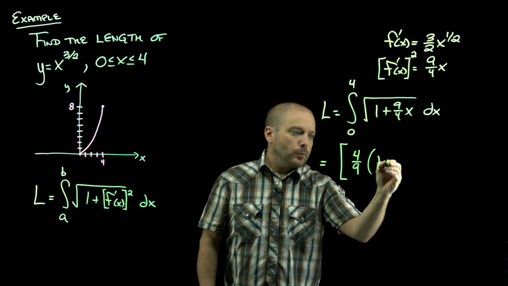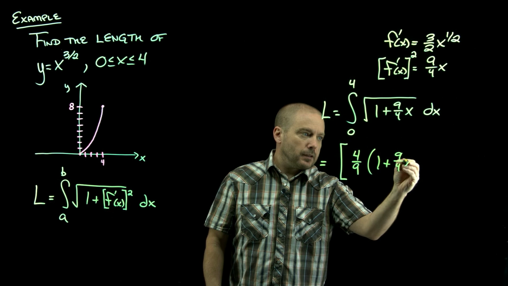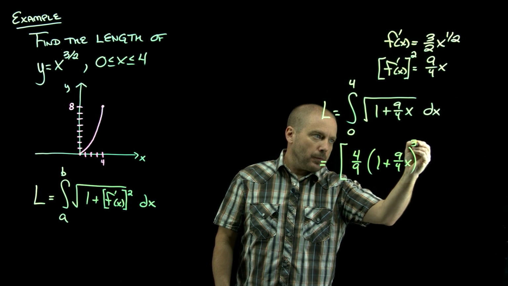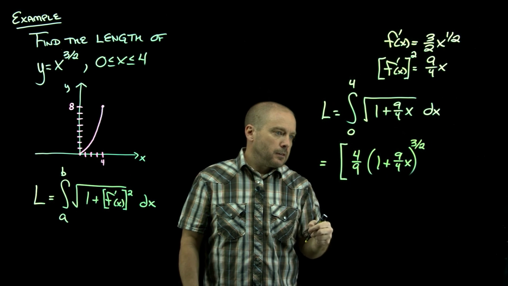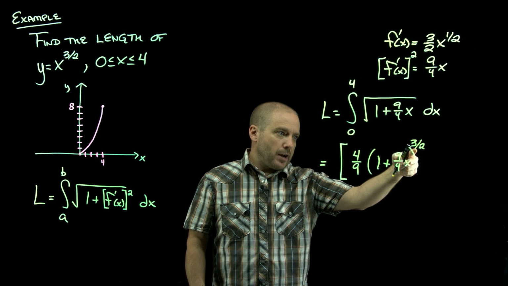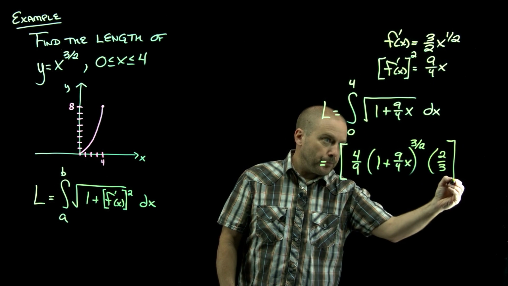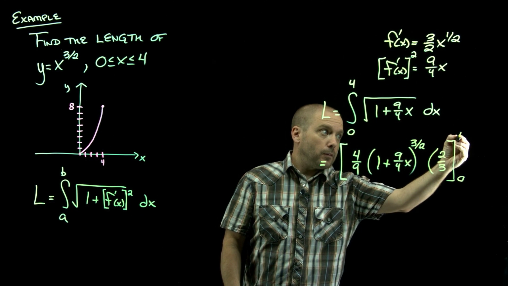And then that's 1 plus 9/4 x, raising that by 1, to the 3/2. And dividing by 3/2 is like multiplying by 2/3. And then we're going to evaluate from 0 to 4.